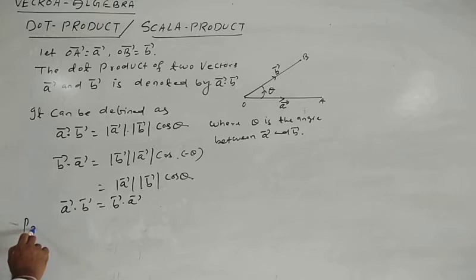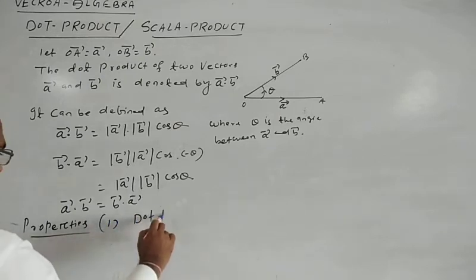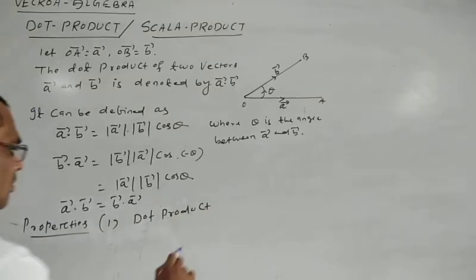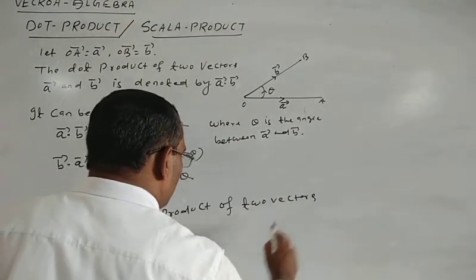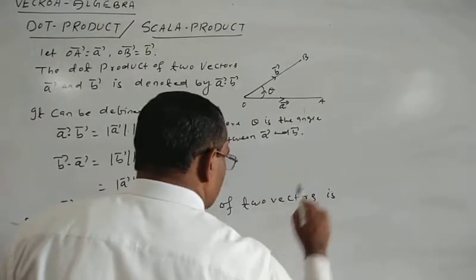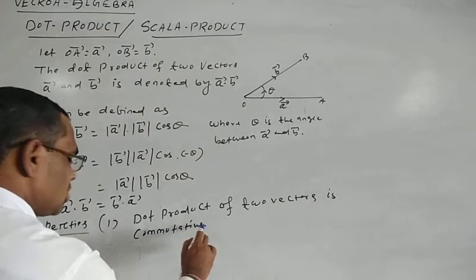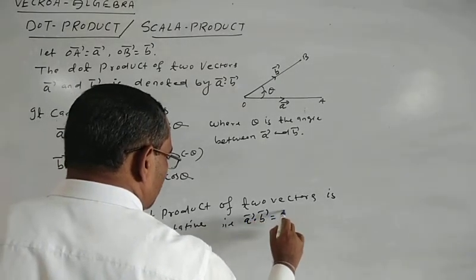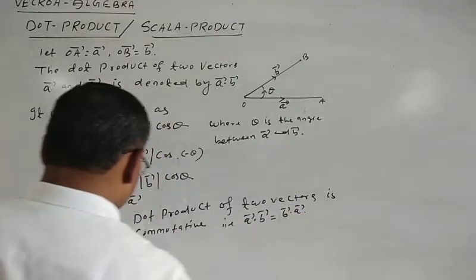Next we discuss properties of the dot product. Number one, the dot product of two vectors is commutative, that is A vector dot B vector is equal to B vector dot A vector.